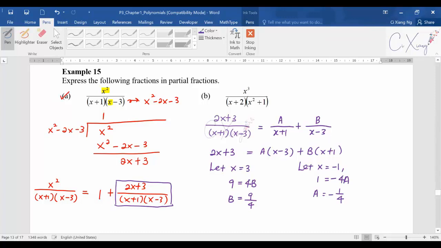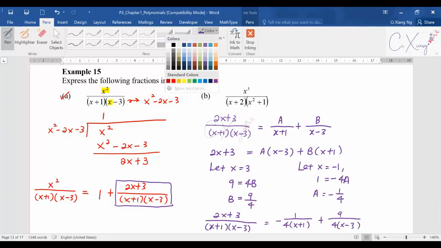Okay, so from here you roughly know that for 2x plus 3, you can split it to become negative 1 over 4(x plus 1) plus 9 over 4(x minus 3).